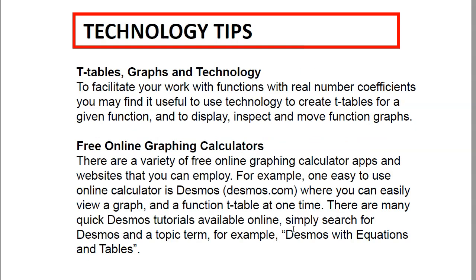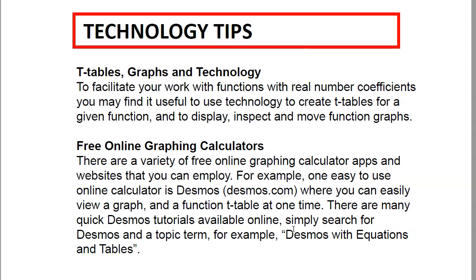Here are some technology tips. To facilitate your work with functions with real number coefficients, you might find it useful to use technology to create t-tables for a given function and to display, inspect, and move function graphs. There are free online graphing calculators.